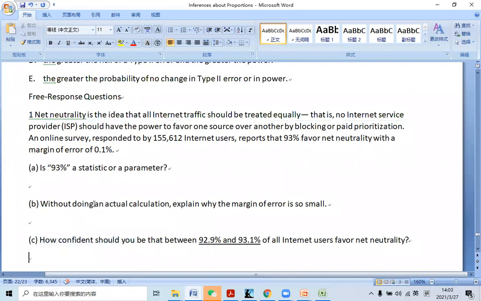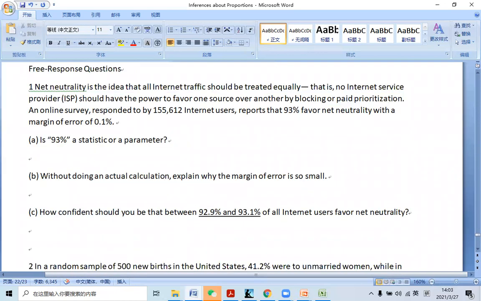Let's do this. See here. The observed value, the proportion, is 93%.